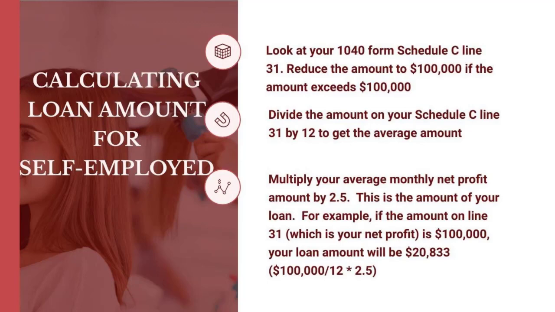They're going to look at your 1040 Form Schedule C, line 31. Remember, this has to be your 2019 Schedule C. So once again, if you have not filed your return, you want to at least prepare your 2019 tax return so you can see what that amount is on Schedule C, line 31.